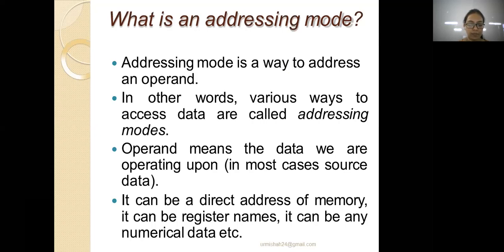For example, ADD R1, R2. Then R1 and R2 registers are your operands, and ADD is the operation which we are going to perform on them. The operand can be directly addressed from memory or by register name, or it can be numerical data.